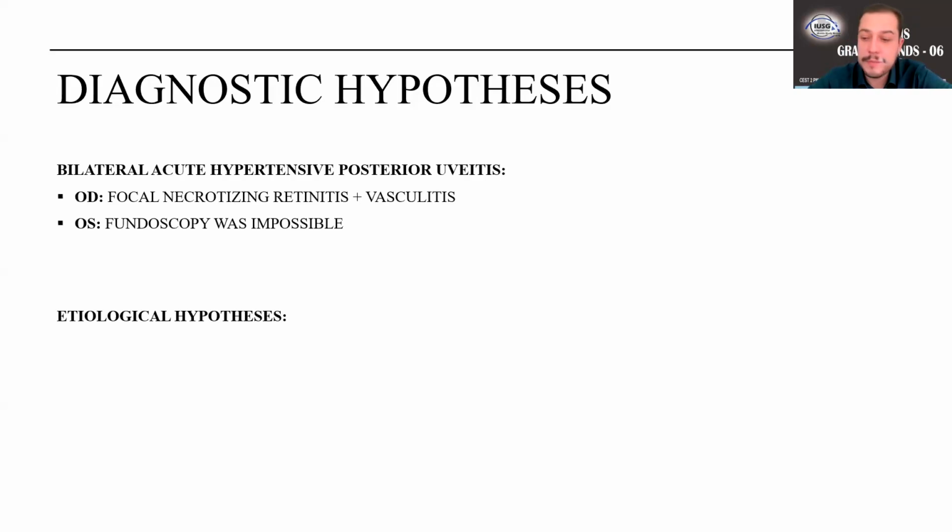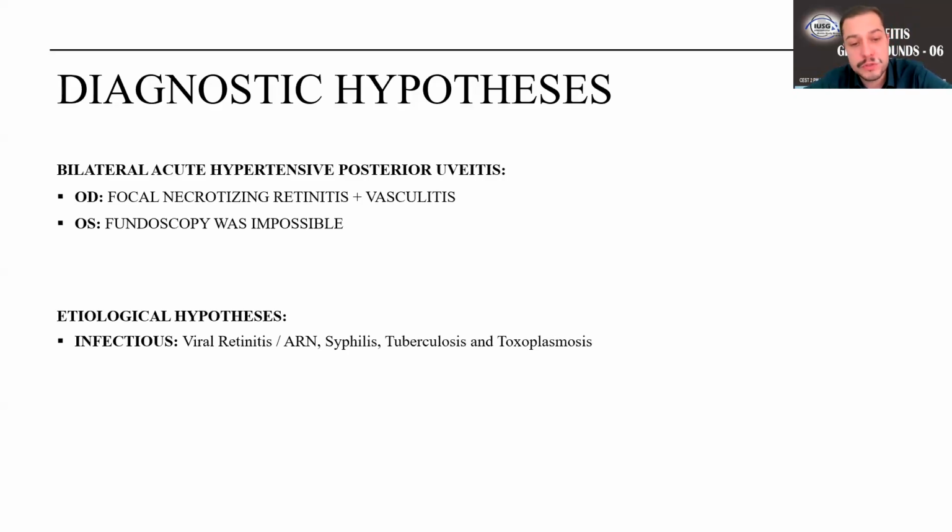Thinking about the etiological hypothesis, here we always initially think about infectious diseases. As we have a bilateral posterior uveitis with hypertension, we thought about a viral etiology, something in the spectrum of acute retinal necrosis, but we must rule out syphilis and tuberculosis. In Brazil, whenever we have a focal necrotizing retinitis, we must think of toxoplasmosis as well.